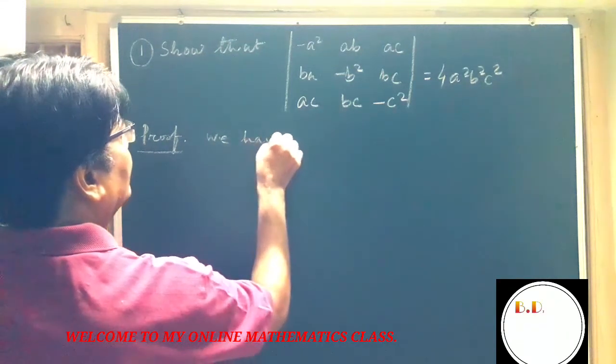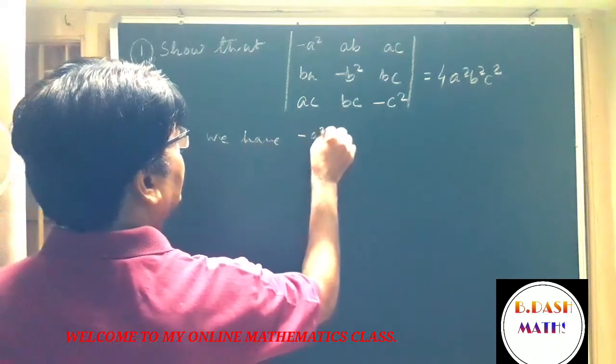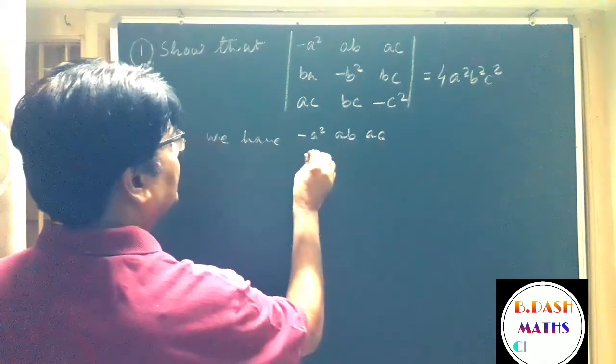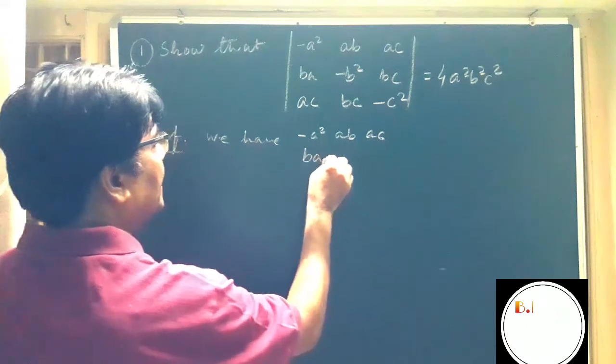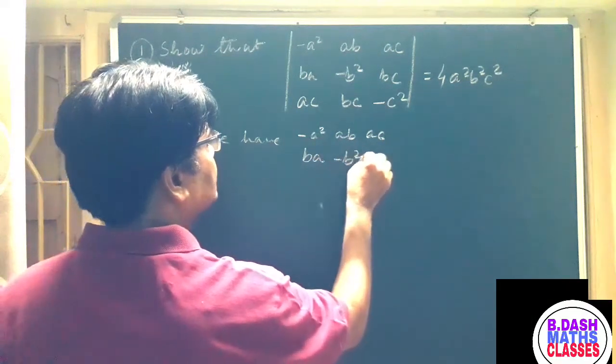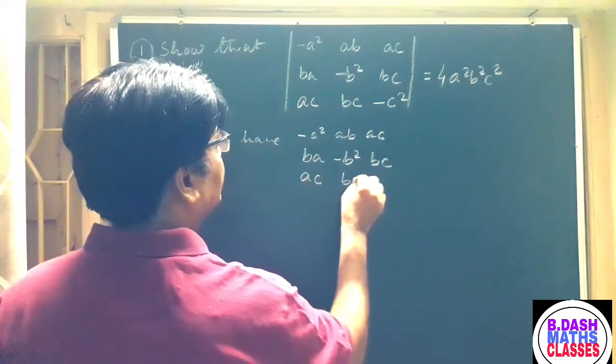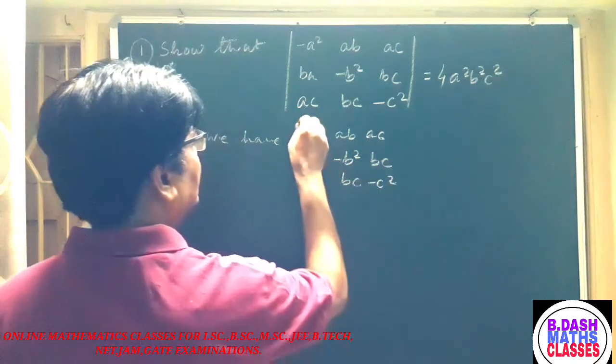We have the determinant with rows minus a square, ab, ac; ba, minus b square, bc; ca, cb, minus c square.